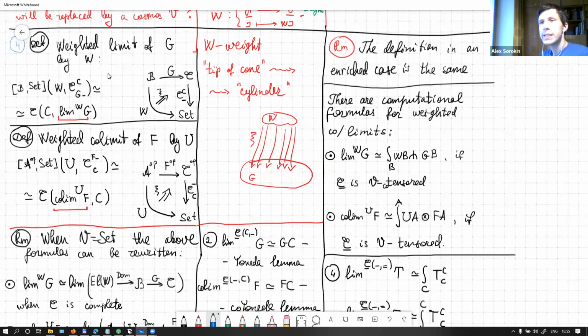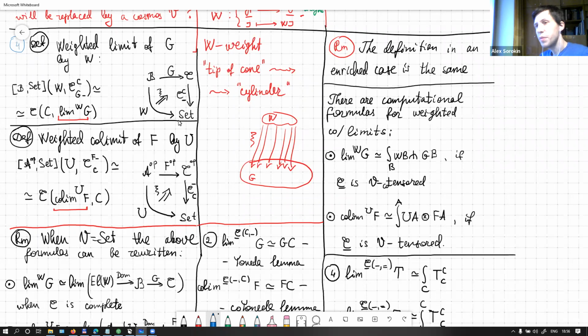By this I mean the object that represents the functor which is given by the set of all natural transformations from our weight W, a replacement of the terminal functor, to our cone with a tip C going to the image of functor G. If such an object exists, then we will call it the weighted limit of G by the weight W. Here is a picture of where our functors G and W are going.